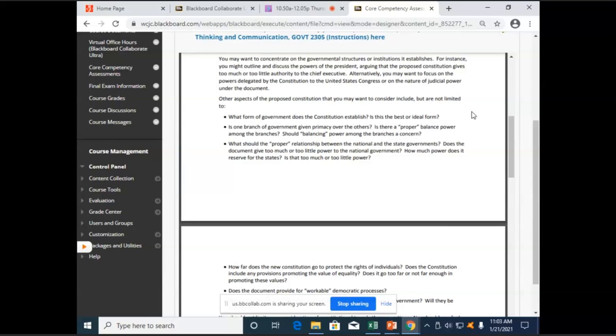If you do that latter approach, you also want to find a way to give some indication that you have some understanding of how this specific principle fits into the broader principles of the Constitution. Is this a one-off principle of the Constitution that doesn't seem to have any connection to the rest of the Constitution, or does it fit in nicely with the broader principles of the Constitution? Does that help?